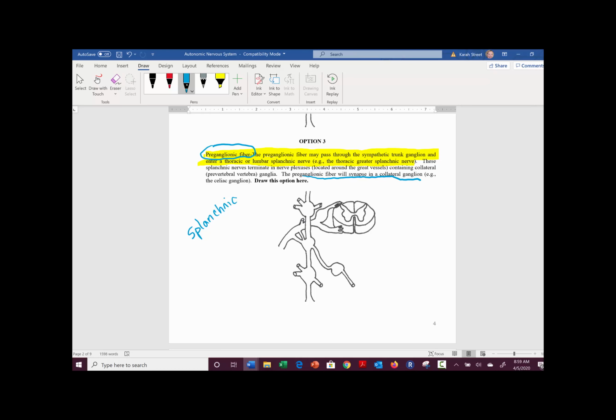Okay, that's below the diaphragm. And we forget that, yeah, you can have thoracic and lumbar splanchnic nerves below the diaphragm. T12 goes quite a distance, or is found quite a distance below the level of your diaphragm. So this option is a below diaphragm.